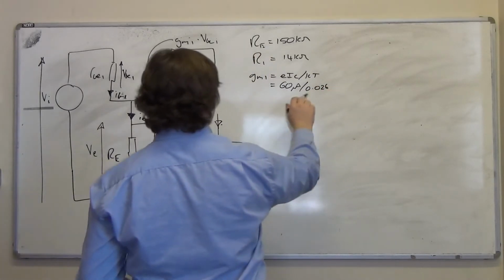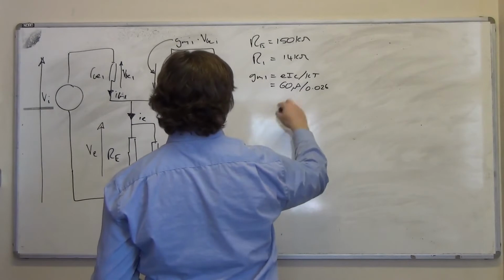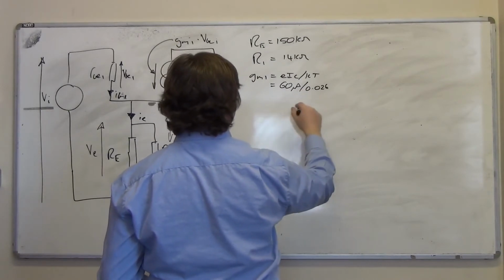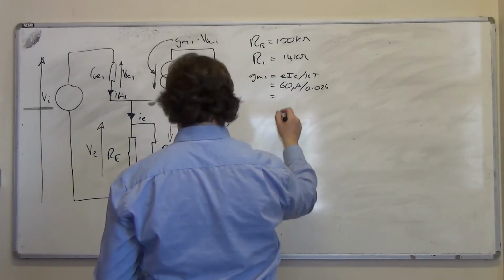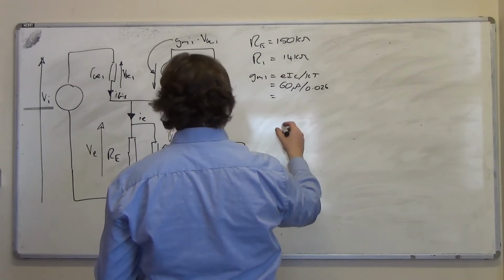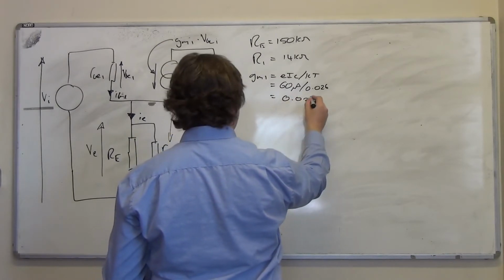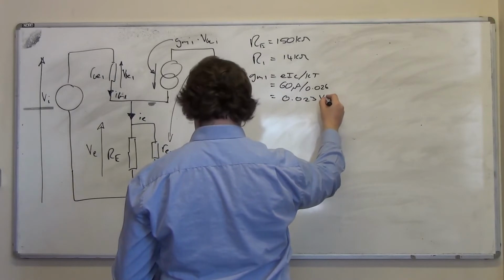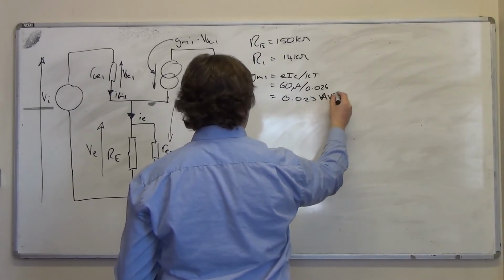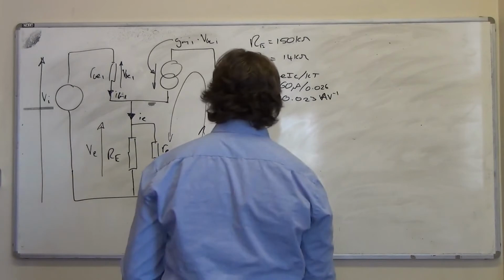So that must be E over KT rather, which is apparently 0.023 amps per volt, or if you prefer Siemens or mhos.